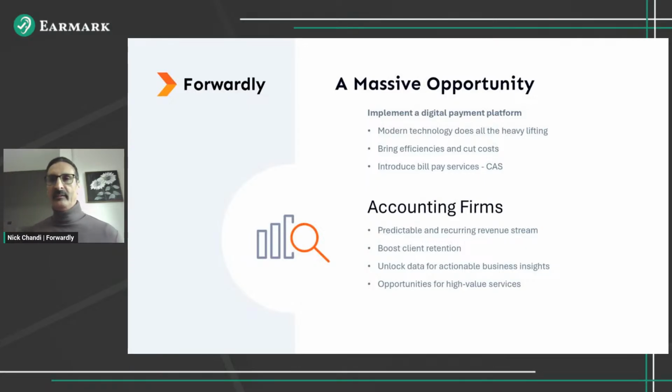Once you set it up and configure it, it works automatically every week, every day, every month. That's how you can bring efficiency and cut cost, save those $10,000 that I talked about, by introducing bill pay services. Bill pay has traditionally been considered a part of CAS, client advisory services.